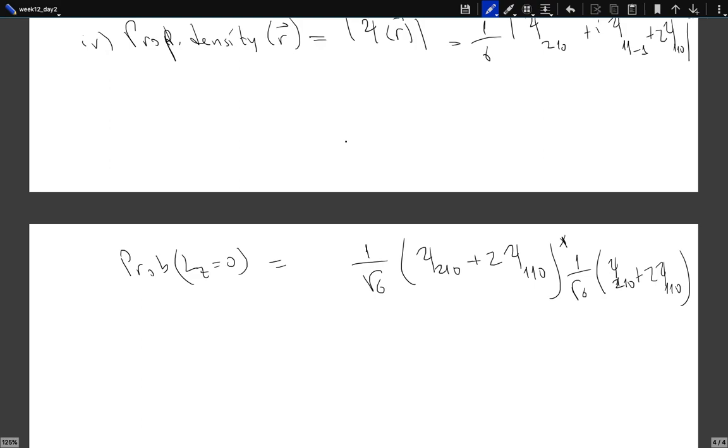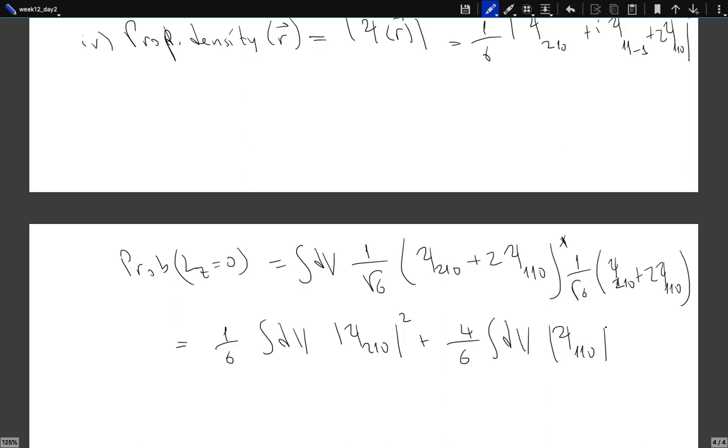Now, what I'm interested in is the probability that it has Lz equal to 0, no matter where it is. So I just sum over all the R values. Well, let's see. I have 1 over 6 dV psi 210 absolute squared plus 4 over 6 dV psi 110 absolute squared plus 2 over square root of 6, the real part, dV psi 210 conjugate psi 110.